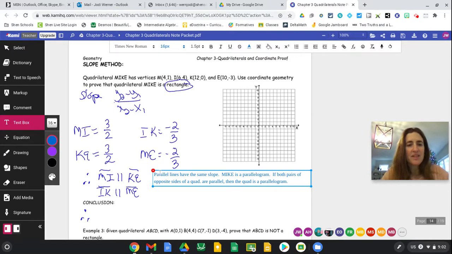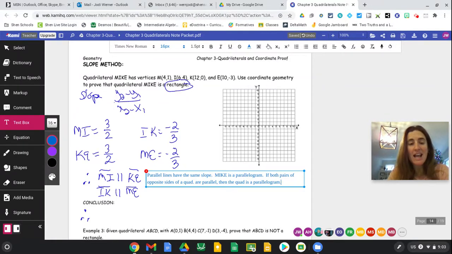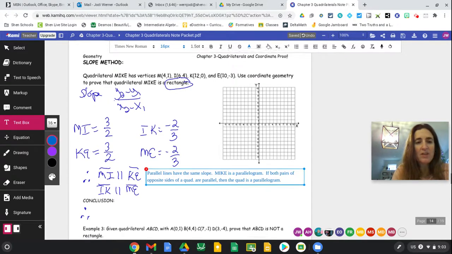Fantastic. Now, remember, that's not totally what I needed to prove, but in order to make that shape a rectangle, it has to be a parallelogram first. And now you can look and you use your slopes. You can take any set that are consecutive or one side after another.